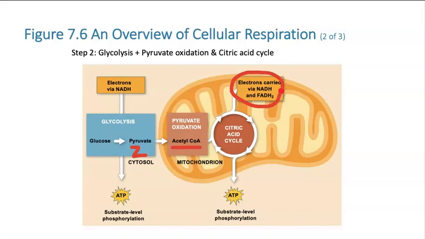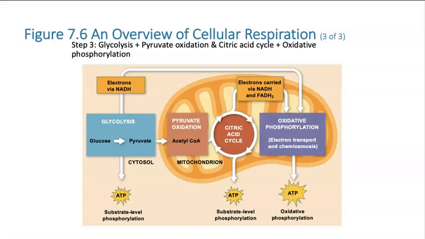Both of those are electron carriers and coenzymes. I forgot to mention earlier that we do get some NADH from glycolysis. We also get substrate level phosphorylation from this as well. So that's what happens in pyruvate oxidation and the citric acid cycle.